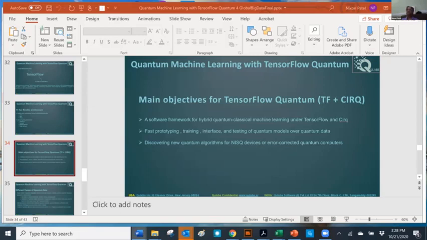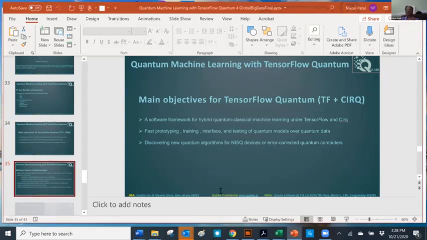There are cost functions or loss functions and optimizers in the case of model.compile. However, it's not that simple, because there's this whole notion of classical data and quantum data, and ingesting the quantum data is a bit of a challenge.